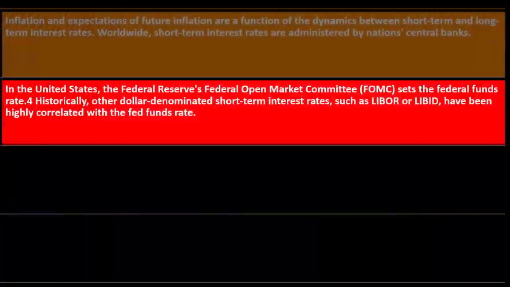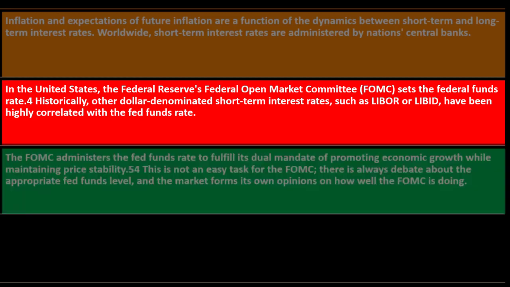In the United States, the Federal Reserve's Federal Open Market Committee, the FOMC, sets the federal funds rate. Historically, other dollar-denominated short-term interest rates such as LIBOR or LIBID have been highly correlated to the Fed's funds rate, giving the Fed a lot of control or authority in that case.